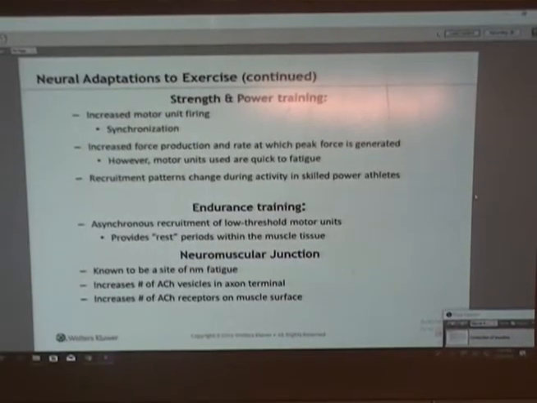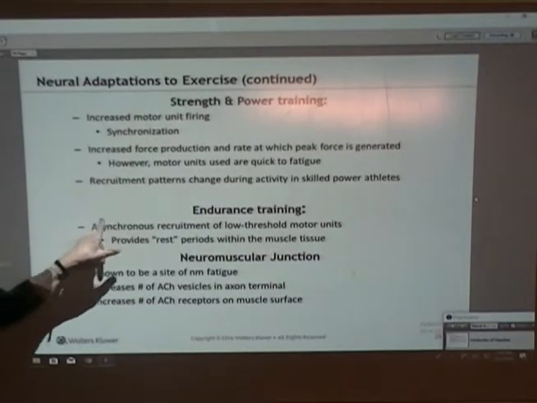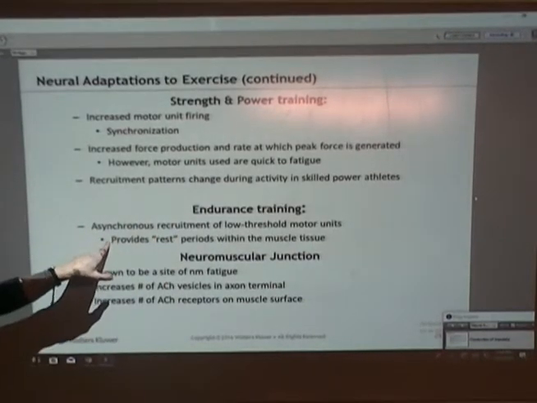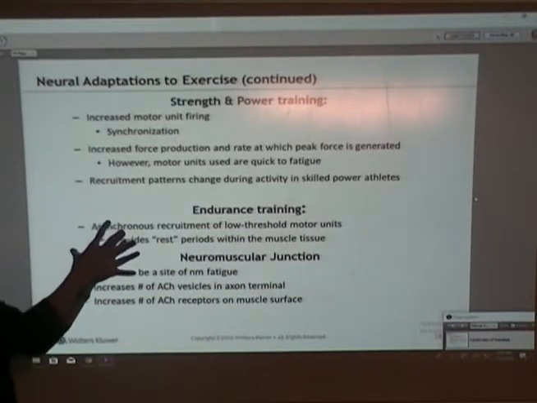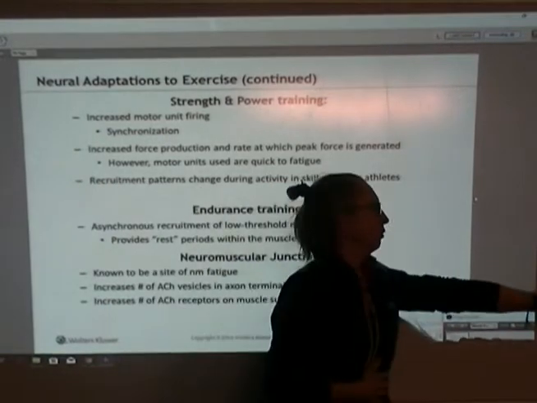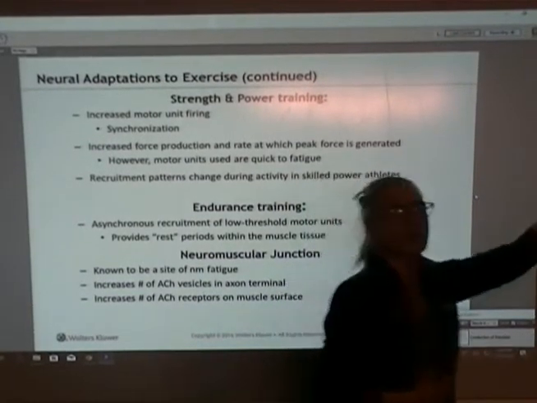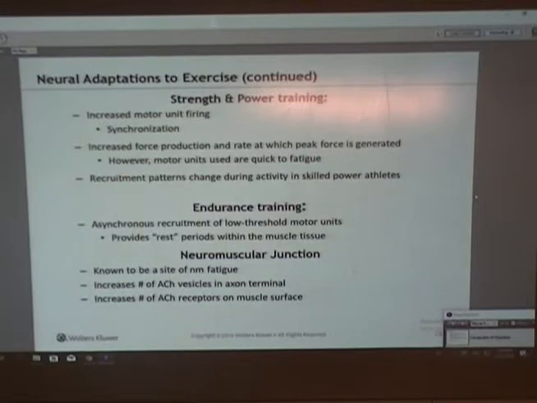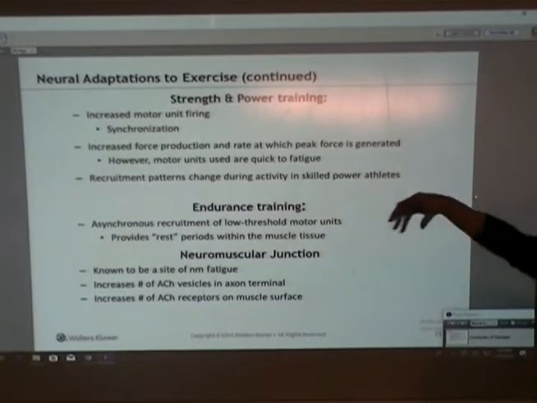So what we see with training is a development of asynchronous recruitment. So the brain gets better at turning on motor unit 1, part 1. And then it turns on motor unit 1, part 2. And then it turns on motor unit 1, part 3.